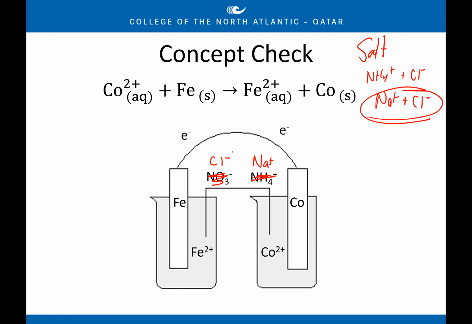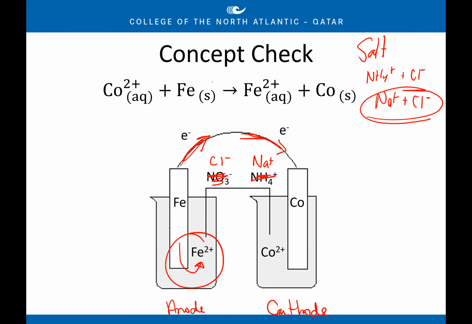Okay, filling in my arrows, electrons go from left to right because, again, we have anode and we have cathode. The iron is getting oxidized, so this arrow goes this way. Now, how did I know that? Well, guys, look, my chemical reaction arrow goes from iron solid to iron 2 plus.